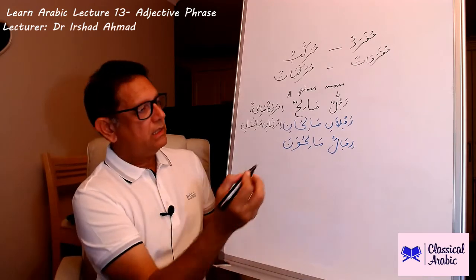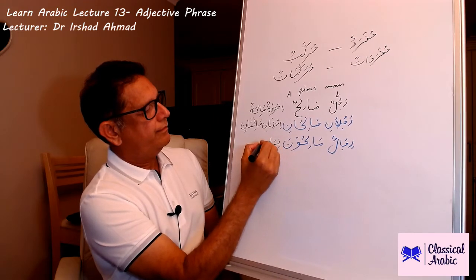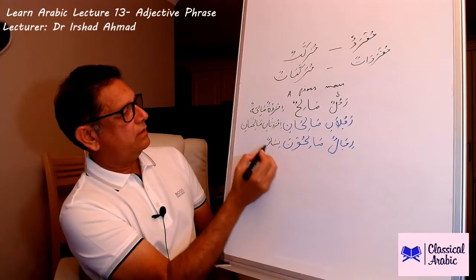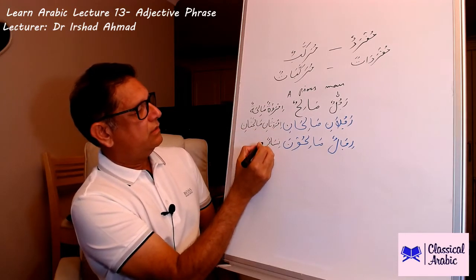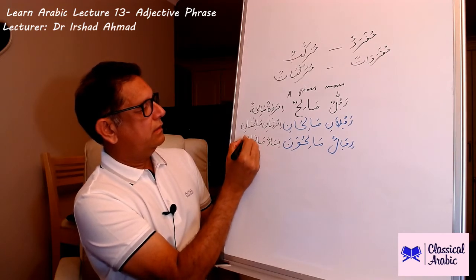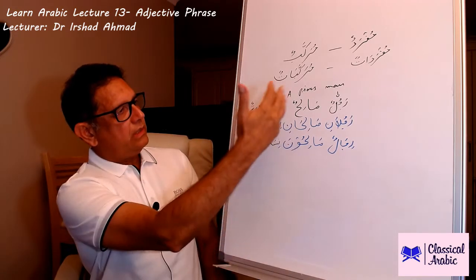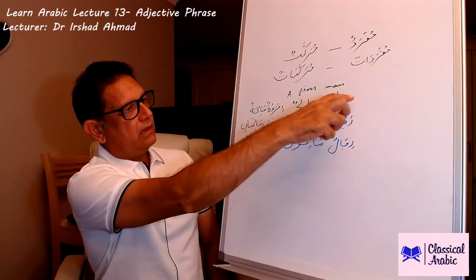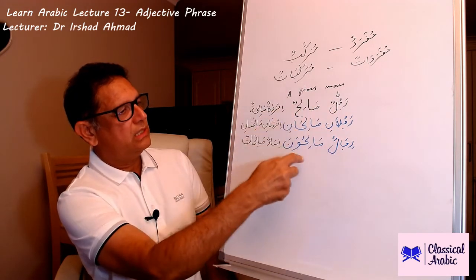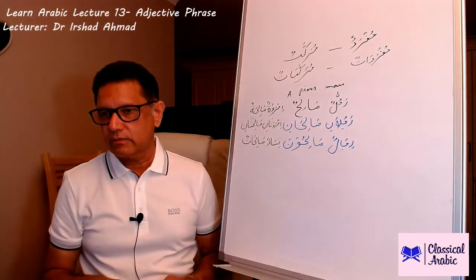And if there are many, then we can say nisa'un, because plural of imra'atun is nisa'un. So nisa'un salihatun. So these are all indefinite phrases, and then we can add al-rajulus salihu, al-rajulanis salihani, al-rijalus salihuna, and similarly you can do that here as well.